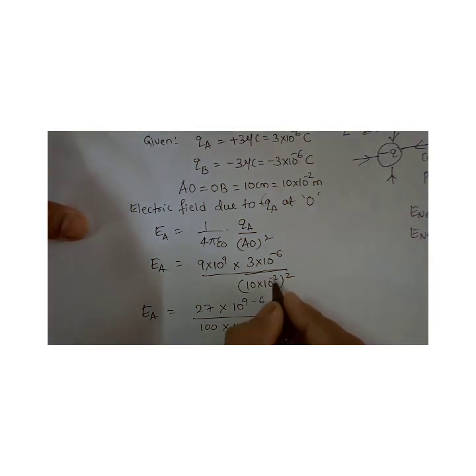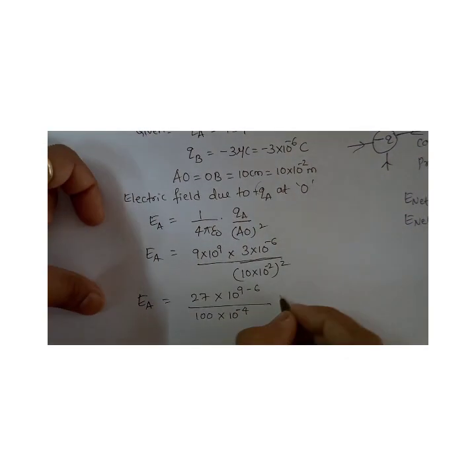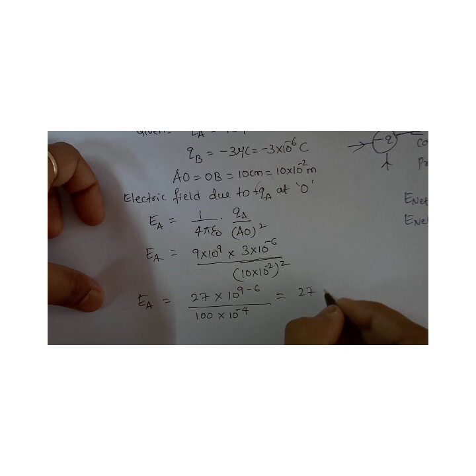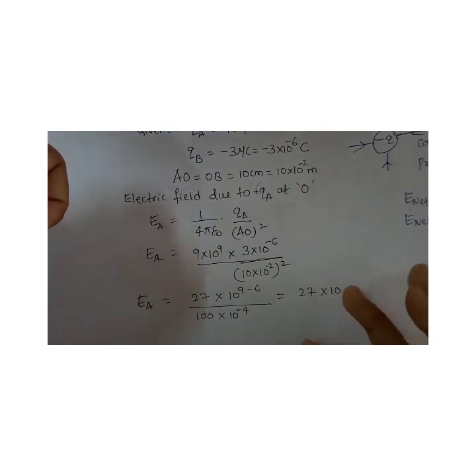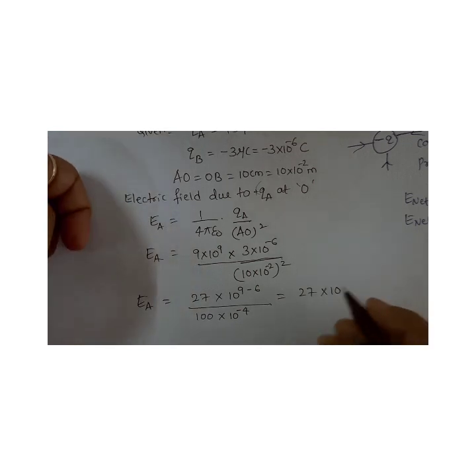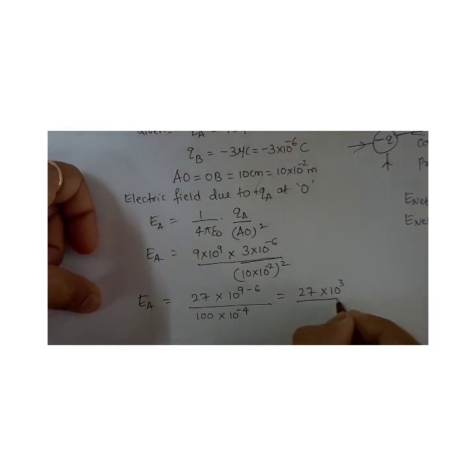So here minus 2 into 2 is minus 4. Clear? So 27 into 10 raised to 9 minus 6, 9 minus 6 is 3. 100 can I write as 10 raised to 2 into 10 raised to minus 4.